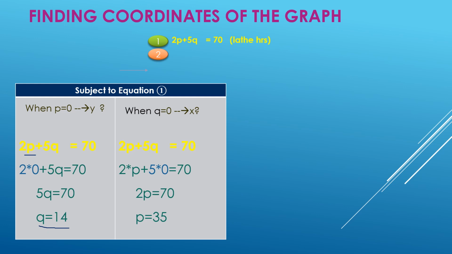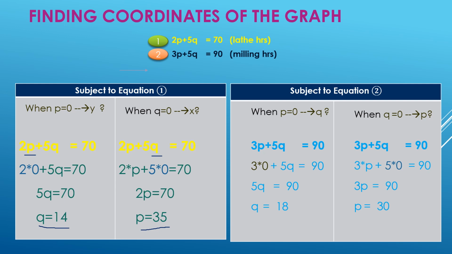Then in the next one, I'm going to assume the value of Q as 0. Substituting 0 for Q, I derive the P value as 35. Let's do the same for equation number 2, which is our milling hours. First I take P as 0.